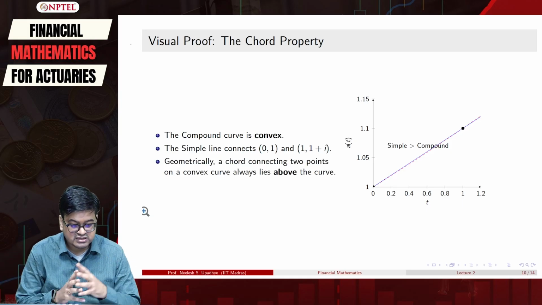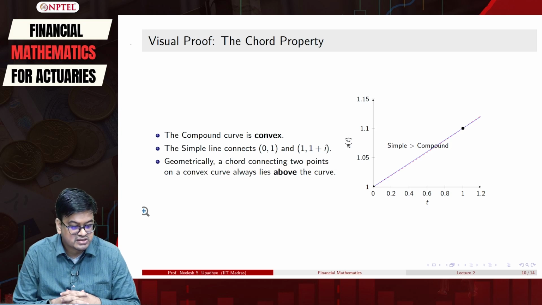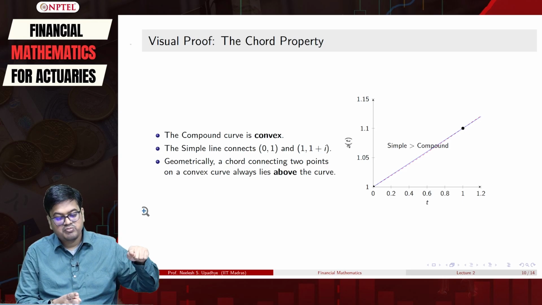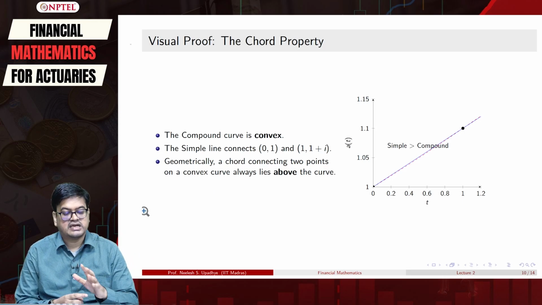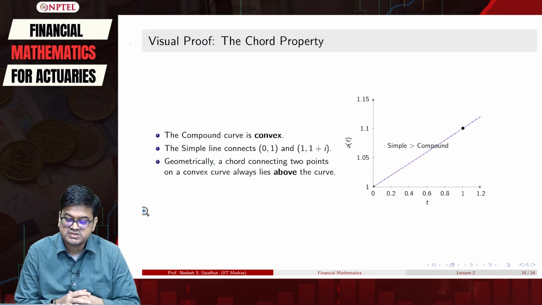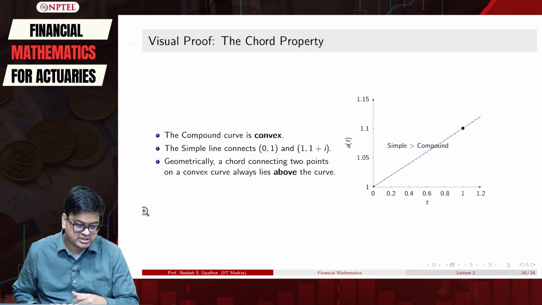That's the geometric property: the chord connecting 2 points on a convex curve lies above the curve. So the curve will lie below the line. That is the property that rules here, and that is where sometimes the mathematical intuition is more preferred, because we are dealing with 1 plus i raised to t, that exponential curve.